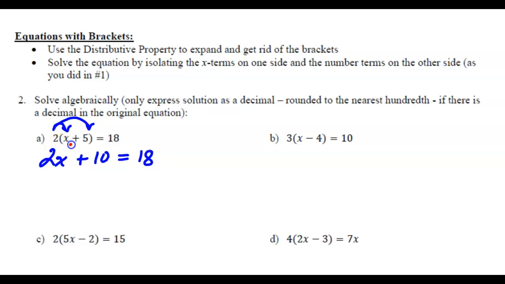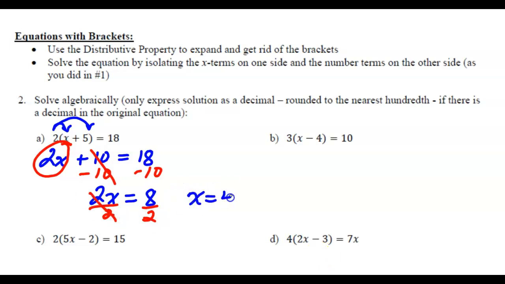Now, just have to isolate the term with x. So we subtract 10 from both sides to get rid of that 10. And then we divide by 2. Okay. Should be copying out these exact same steps that I'm doing so that you have something to refer to when you're doing them on your own.